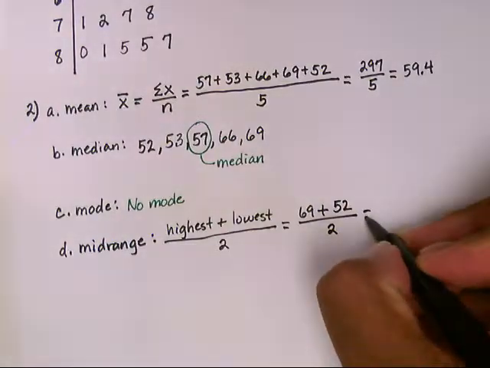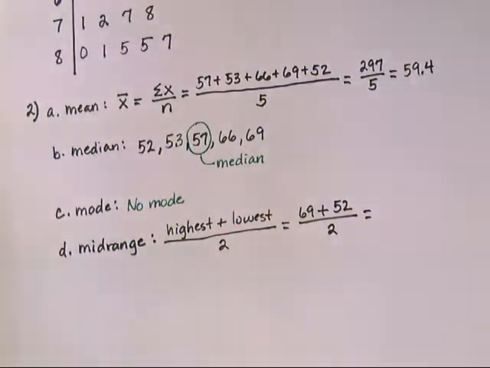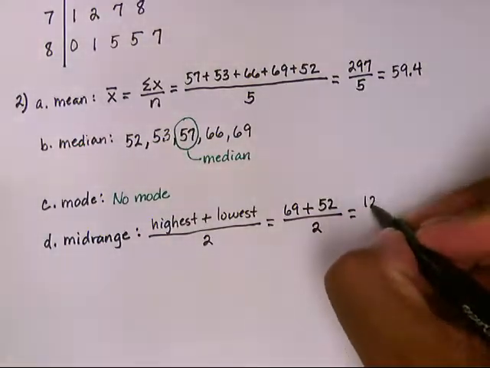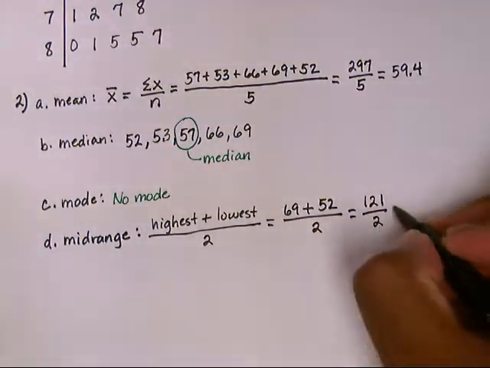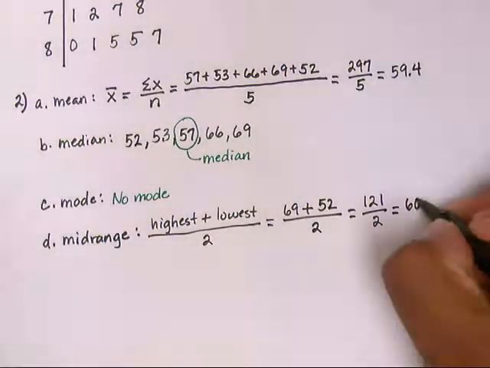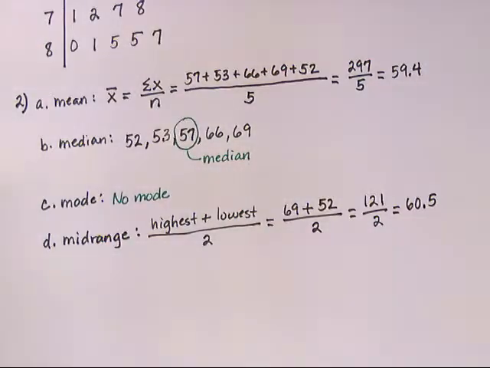I'm going to divide that sum by 2. So 69 plus 52 will be 121, and 121 divided by 2 is going to end up being 60.5. So the mid-range of that data set would be 60.5.